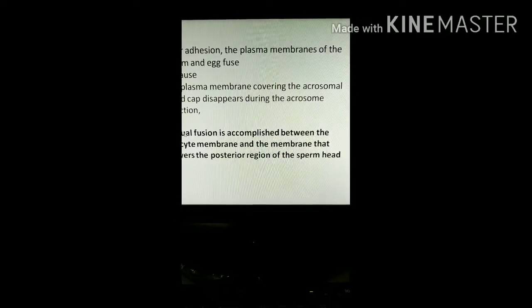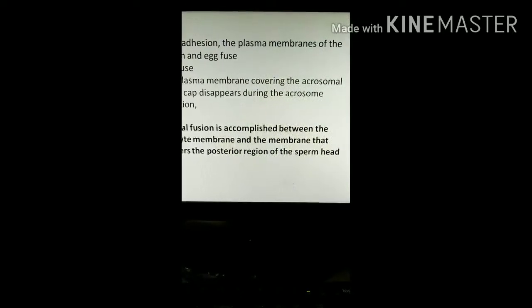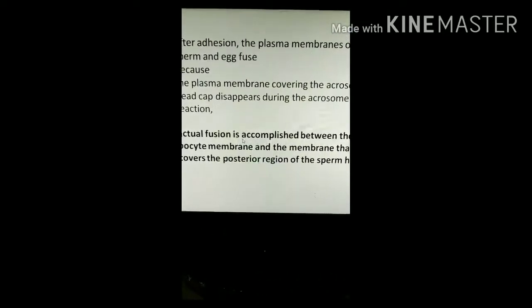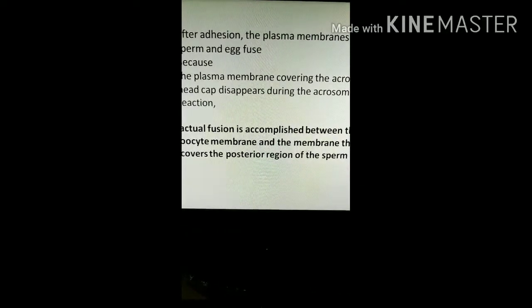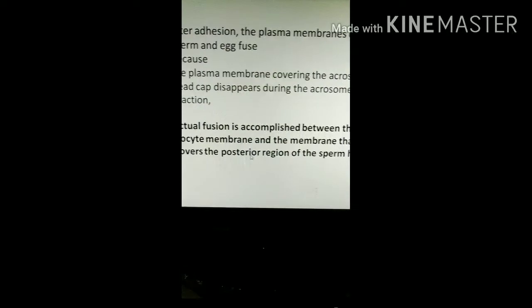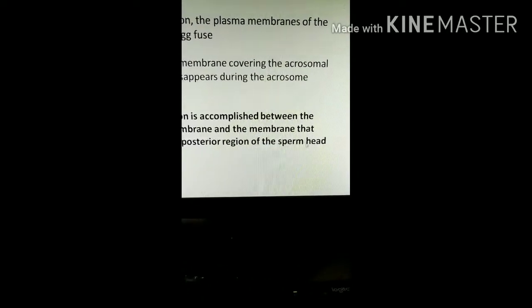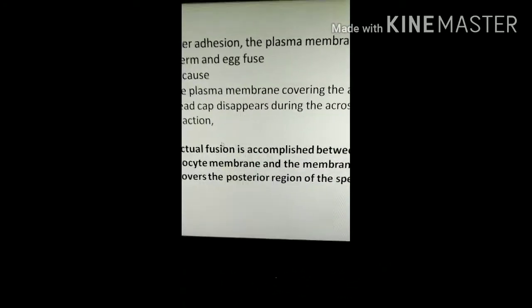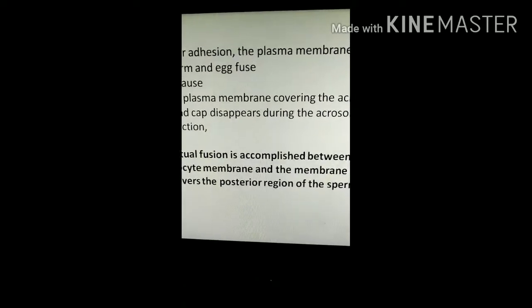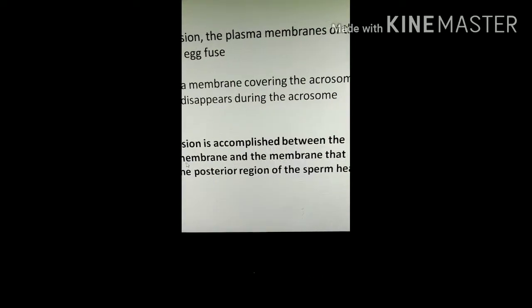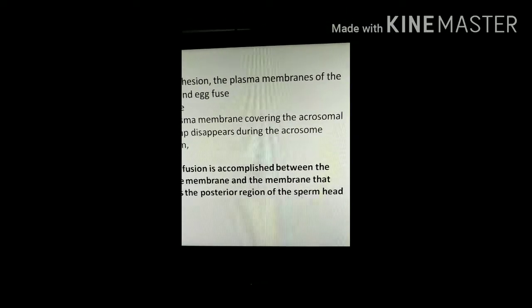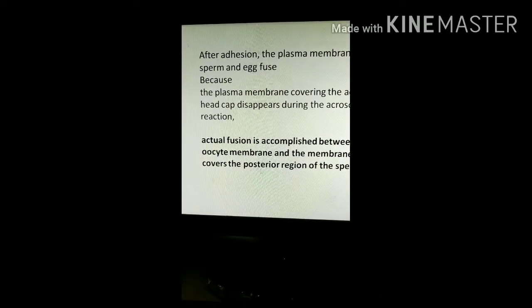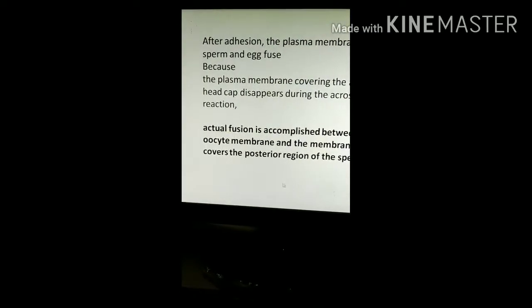Which region is actually fused? Fusion is accomplished between the oocyte membrane and the membrane that covers the posterior region of the sperm head.